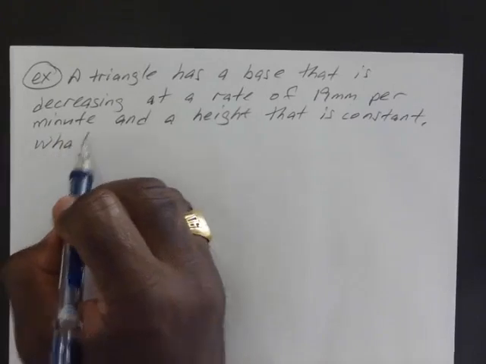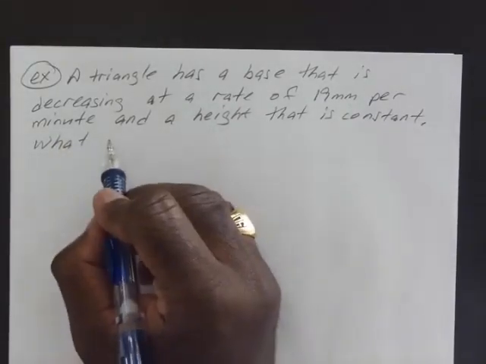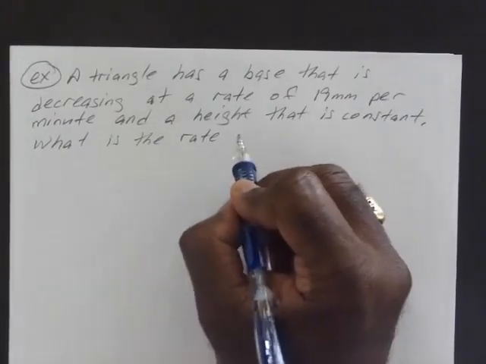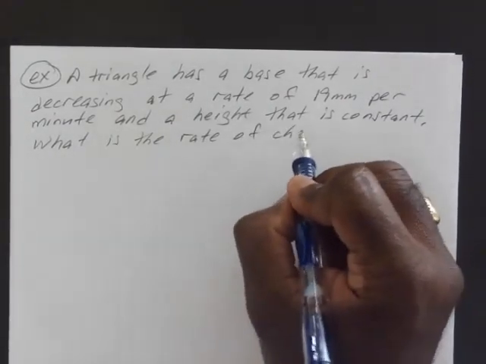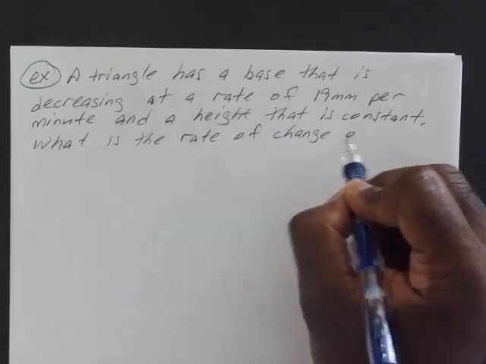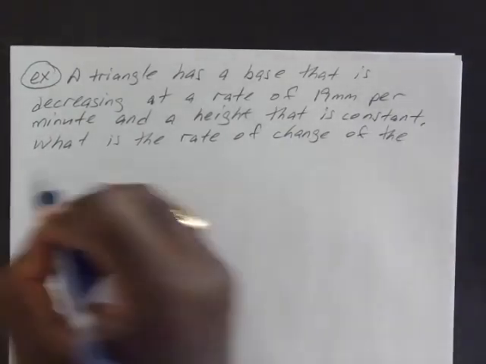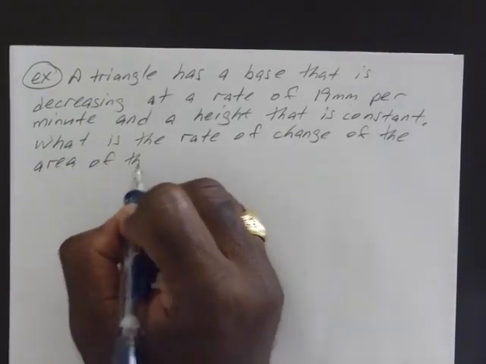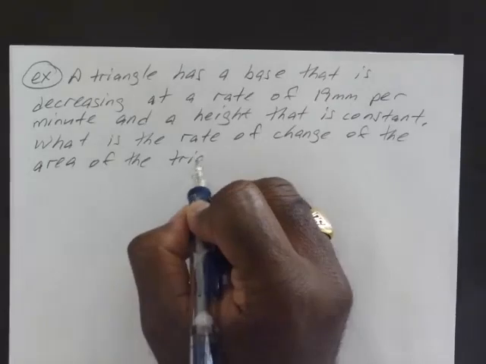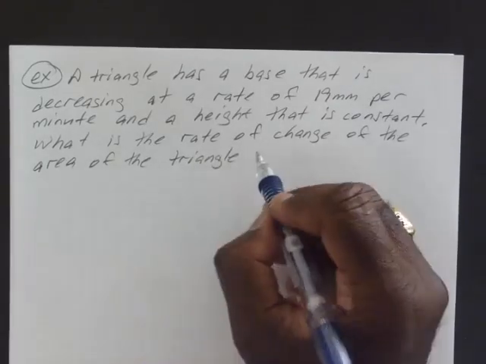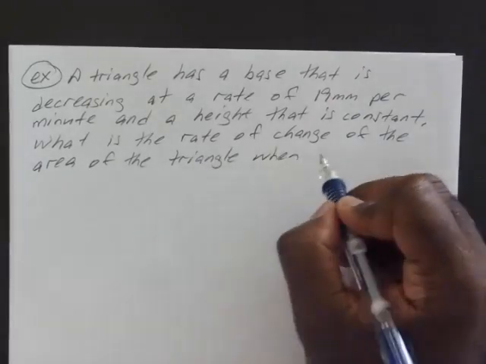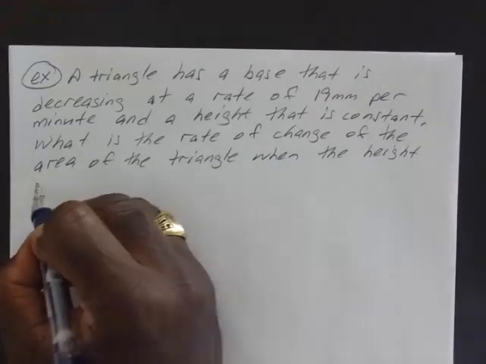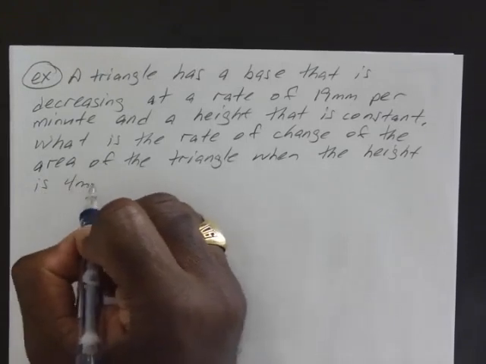So we want to know what is the rate of change of the area of the triangle when the height is 4 millimeters.